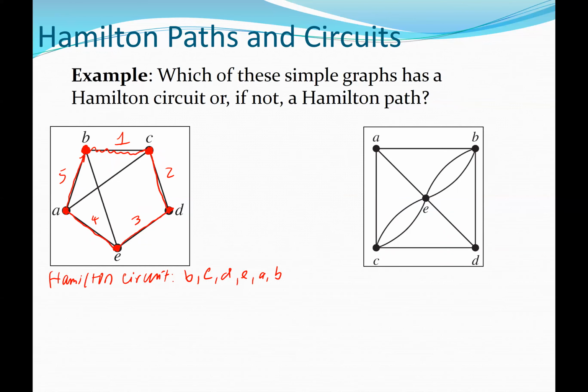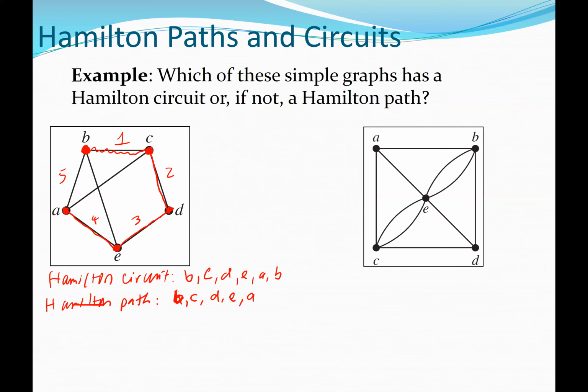Can I have a path? Yeah, if I erase the connection between A and B, I do have a path: B, C, D, E, and A. So I also cover every single vertex, but I don't go back to B. And that's why it's a path. So you see the difference here?